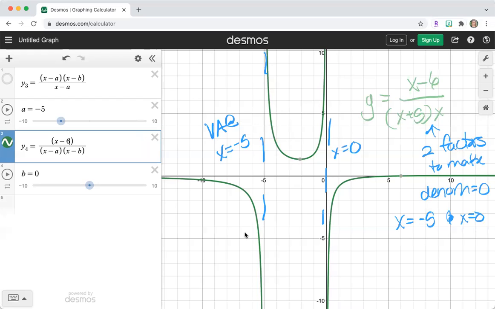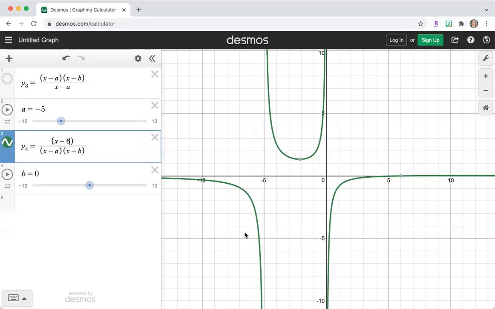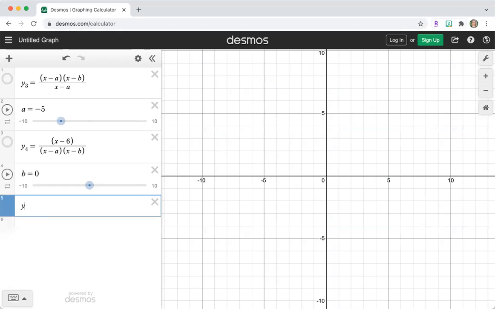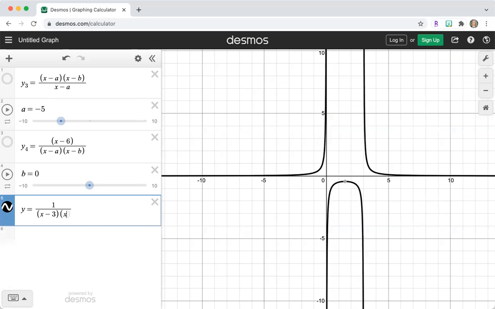And we'll clear this, and I'll do one last one, maybe we'll even turn this off. Y equals, and it can be anything in the numerator. I'll just leave it as 1 for simplicity's sake, but it can have more than 1, maybe x minus 3, x plus 4.